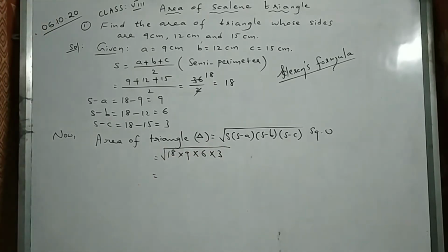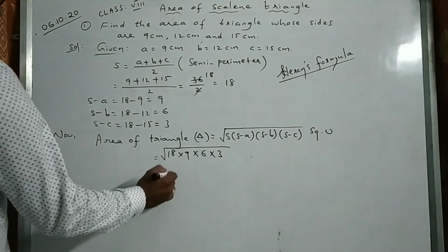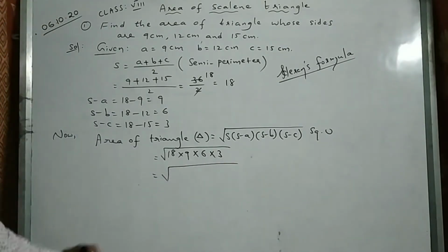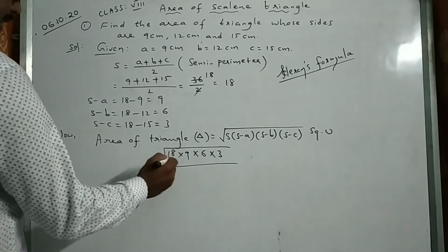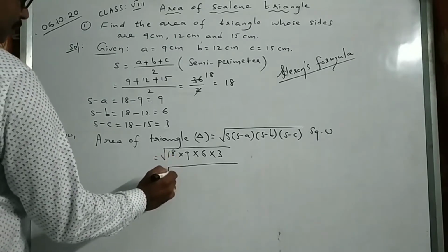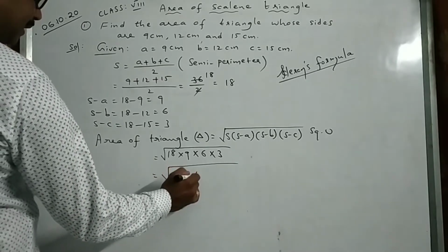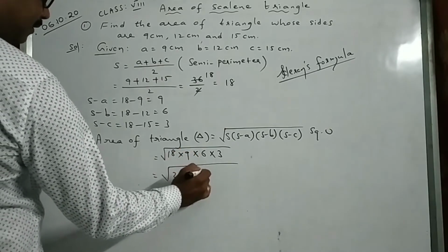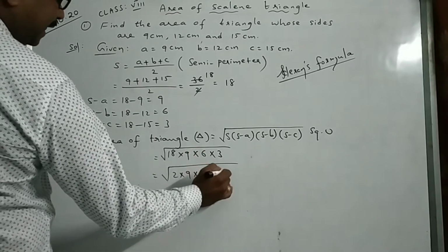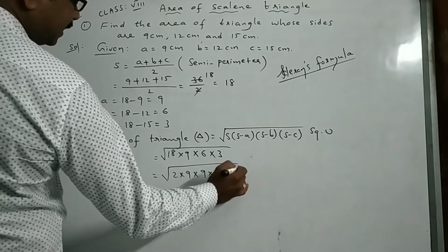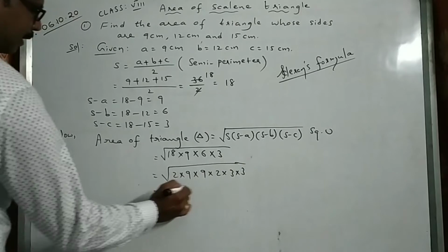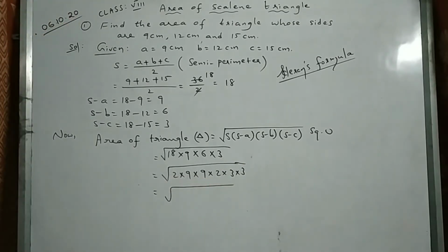So here we do one thing. Instead of multiplying this, split them simply. 2 9s I can write this. 9 is already there, leave it. This 6 I will write 2 3s. This 3 as it is you write. Now all terms, 2 terms are there.